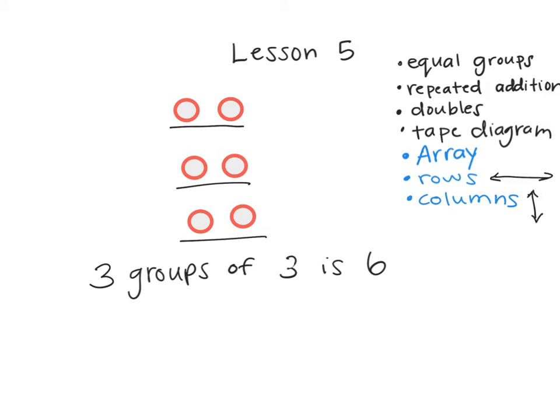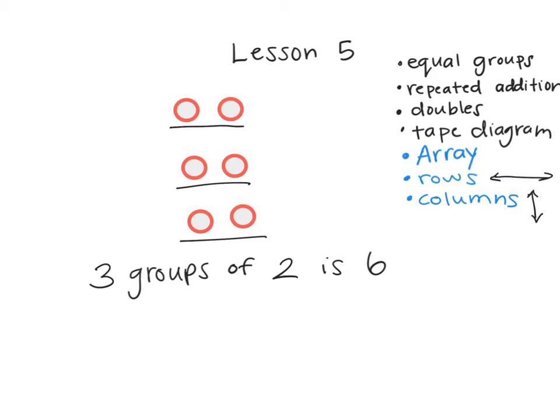So it's not 3 groups of 3, it's 3 groups of 2. It's still 6. There's 1, 2, 3 groups, and each of them have 2, and that's 6. Okay, so what we created was a couple different types of arrays. And arrays are just how you go about organizing and putting things into something that is easy to read.